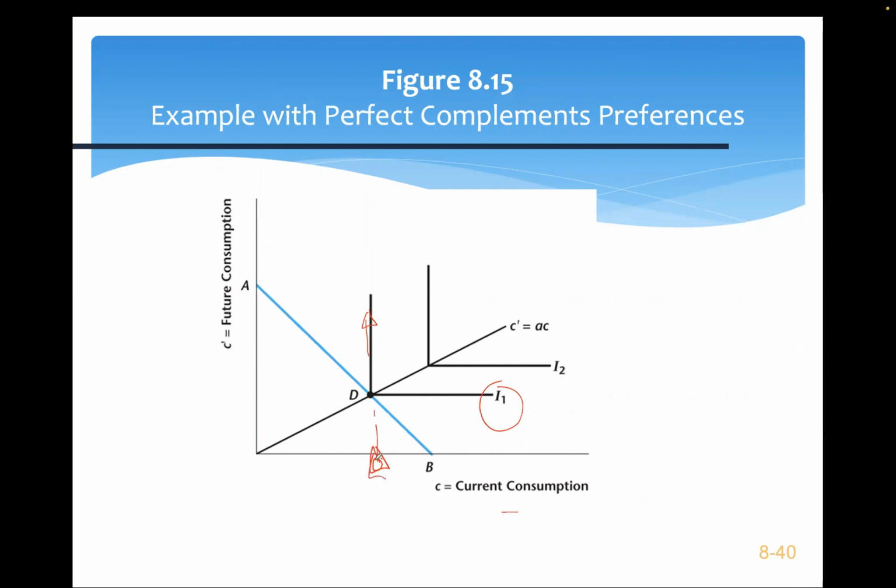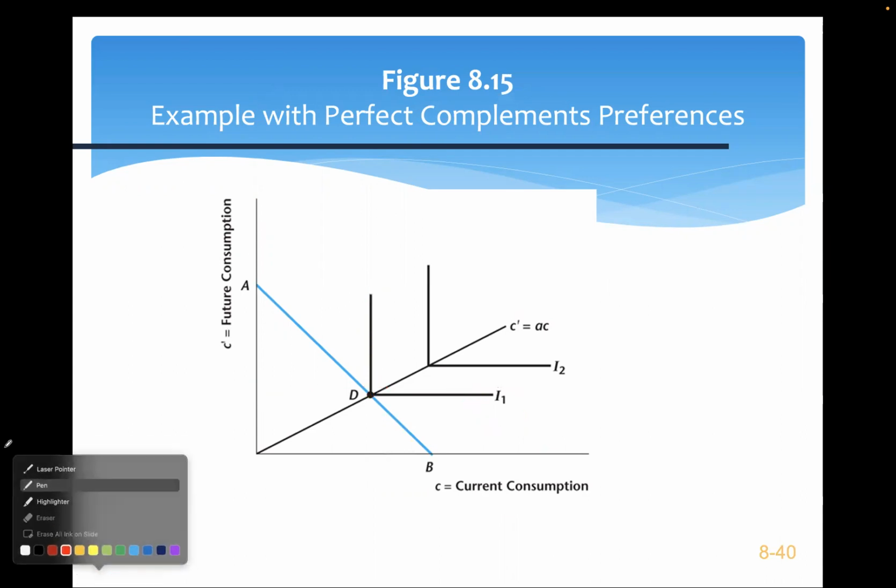If I have one left shoe and one right shoe, that gives me a certain amount of utility. Regardless of how many right shoes you give me, it's not going to change my utility. This is captured by this part. Similarly, if you give me one right shoe, regardless of how many left shoes you give me, it's not going to change my utility. So this is called perfect complement.